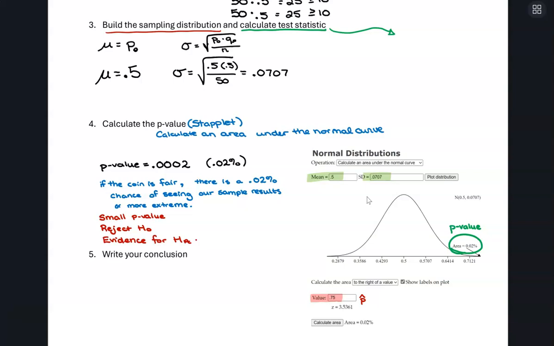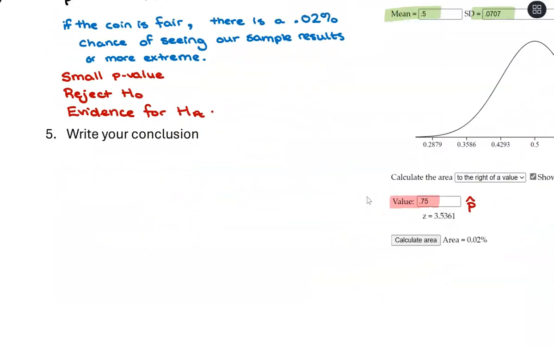All right, the conclusion. I usually start off with a piece of reject the null or fail to reject the null. In this case, we are rejecting the null hypothesis. So I'm just going to say reject the null hypothesis.